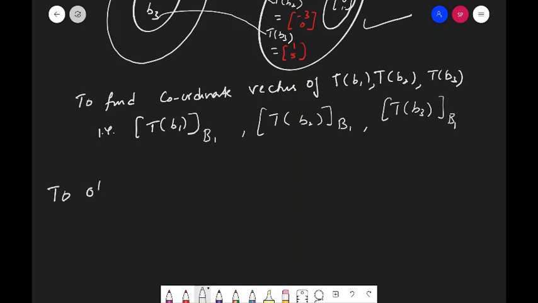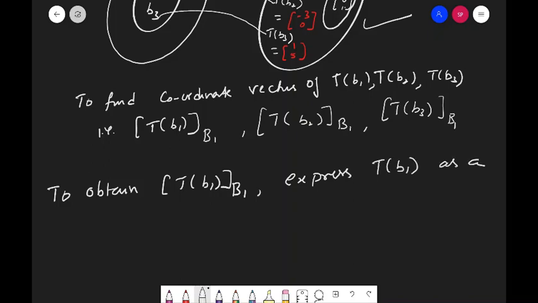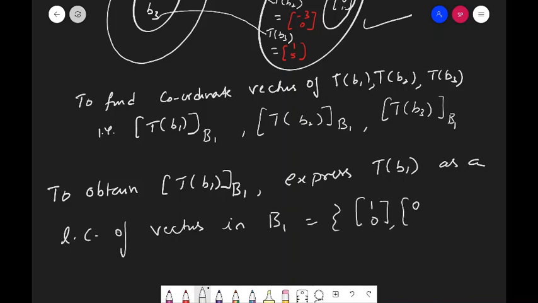To obtain the coordinate vector of T of b1 with respect to basis B1, express T of b1 as a linear combination of vectors in B1, that is 1 0, 0 1.